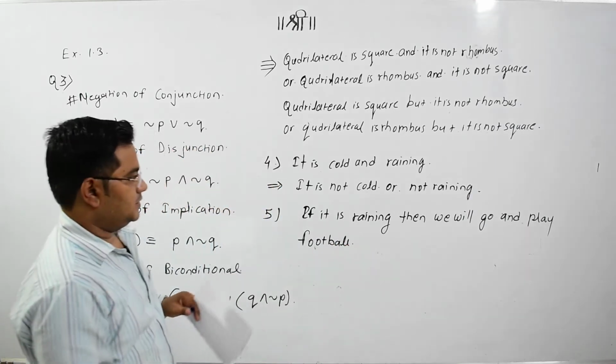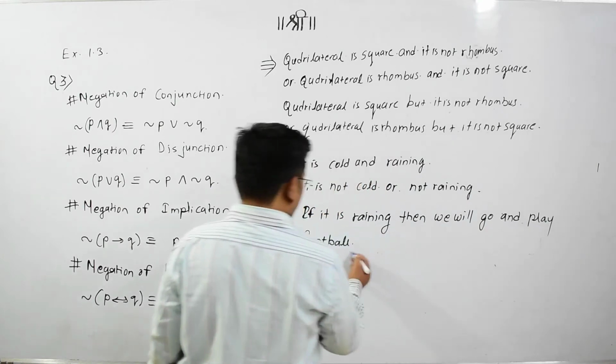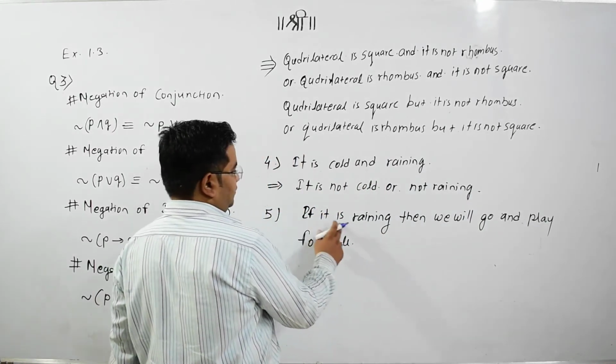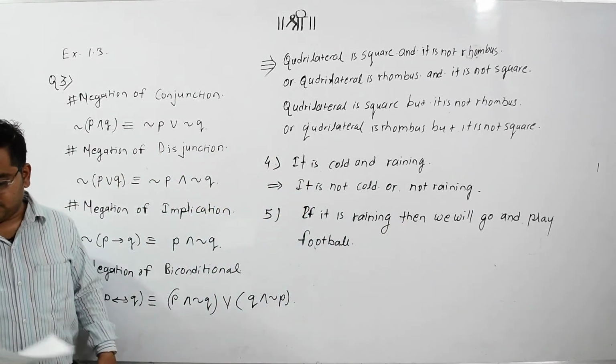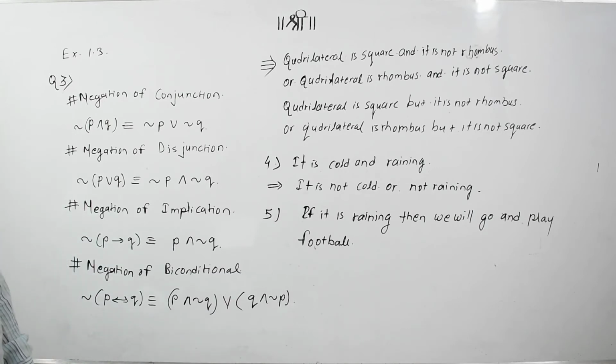Okay, that's it. Now here you can see we will go play football. These are two statements separately, and again, if it is raining, this is another statement. So what should we do? We should again write it in our terms. What is that? It is raining and we will not go.